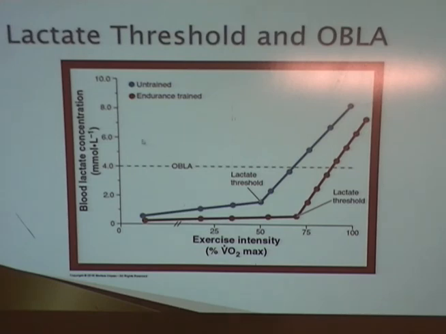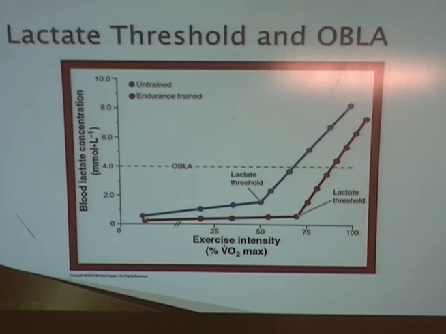So if you want to know more about it, let me know and I'll find something out. But here is our untrained or low-trained person. On the x-axis, we have exercise intensity, in this case percentage VO2 max, but again it could be percentage heart rate max or RPE. And on the y-axis, we have blood lactate concentration.